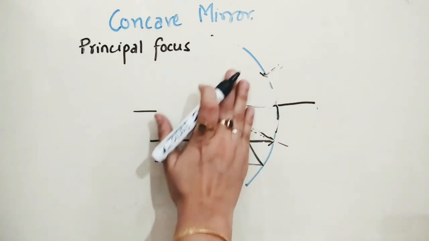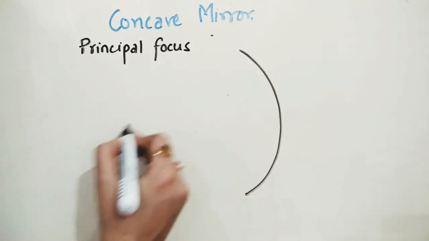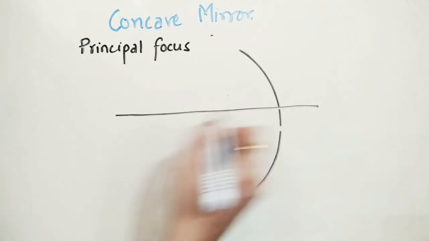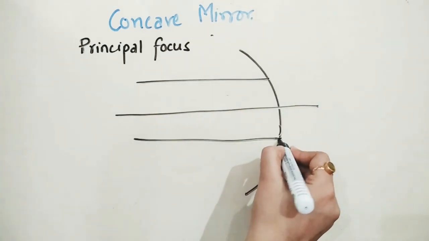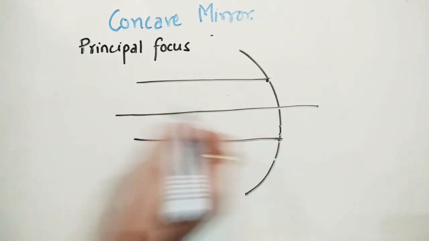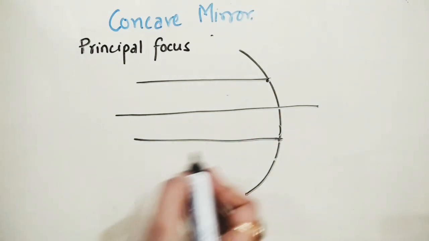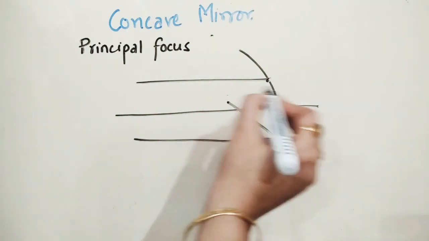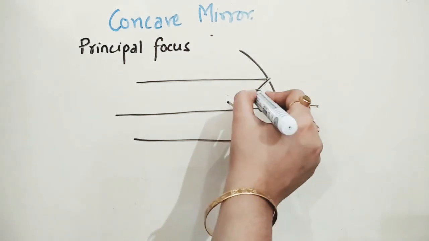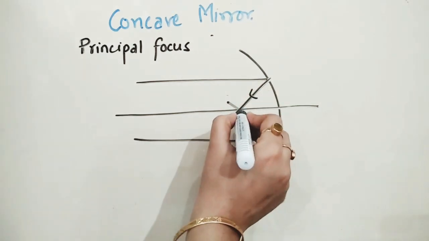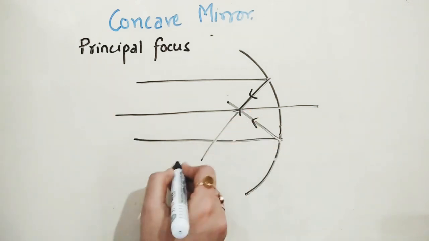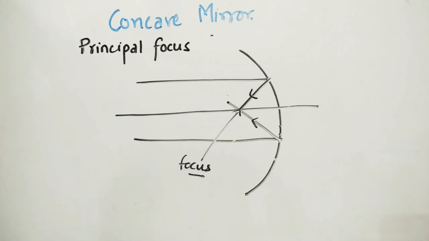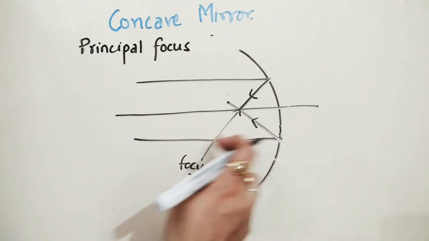So again I am repeating, in the case of a concave mirror, what happened? We take a reflecting surface, and this is the principal axis, and any rays which are parallel to the principal axis, this is one of the basic rules of a ray diagram, those rays which are parallel will pass through the focus. So these rays are converging at one point, and that point is known as the focus, and it is present in front of the mirror.